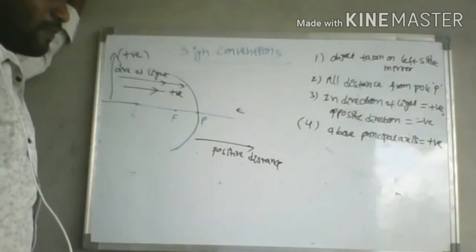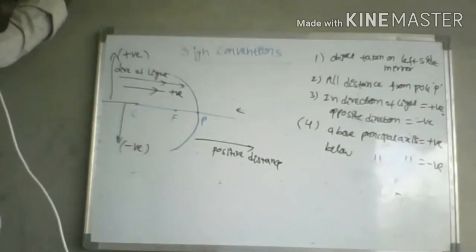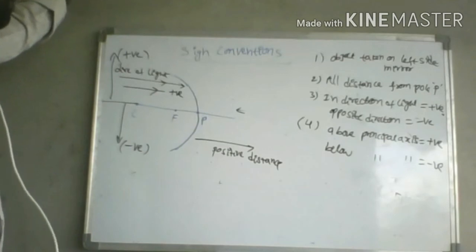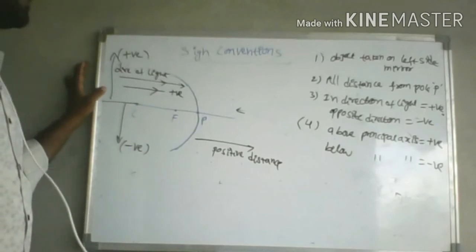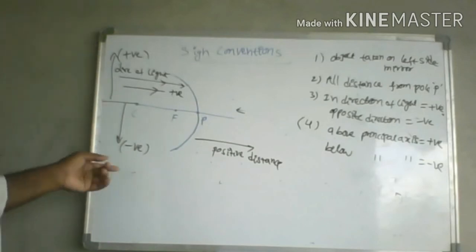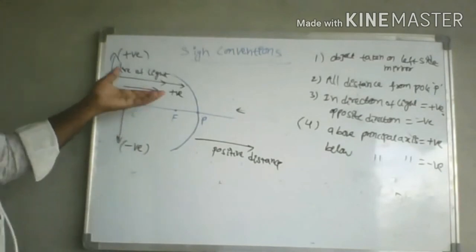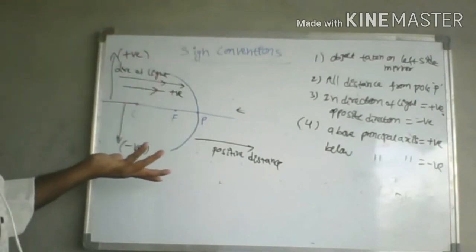The distances above the principal axis are taken as positive value, and the distances below the principal axis are taken as negative. That means anything above the principal axis has a positive value.